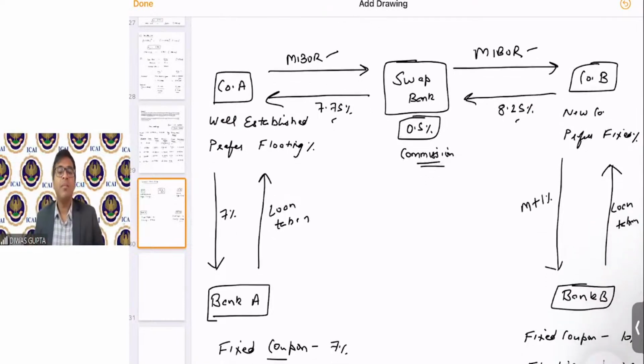By swap, we mean that we are exchanging our fixed liability with a floating liability or a floating liability with a fixed liability. For company A, the fixed liability gets swapped with the floating liability. For company B, the floating liability gets replaced with the fixed liability. I hope it is clear, students. Please let me know till now.